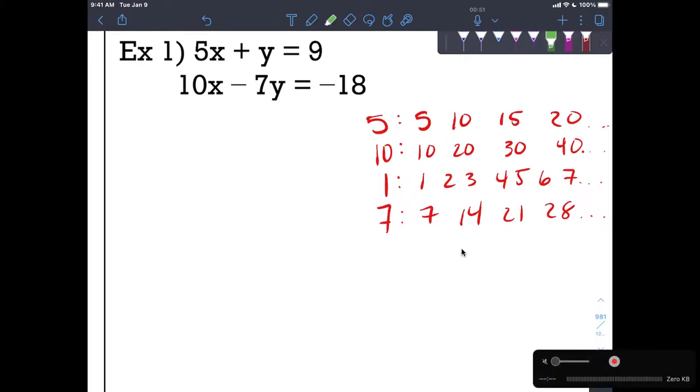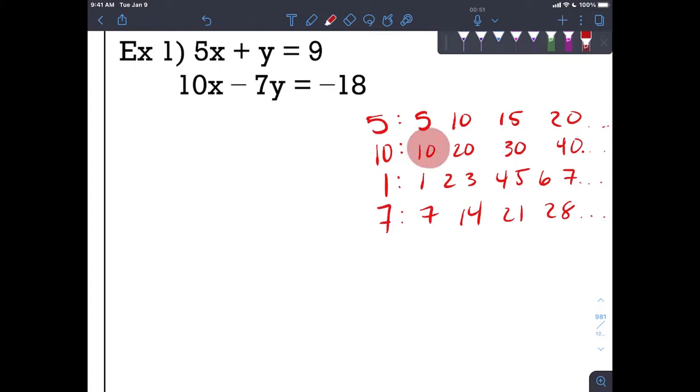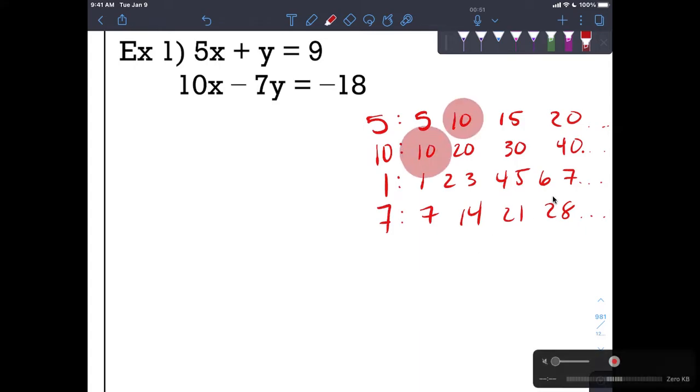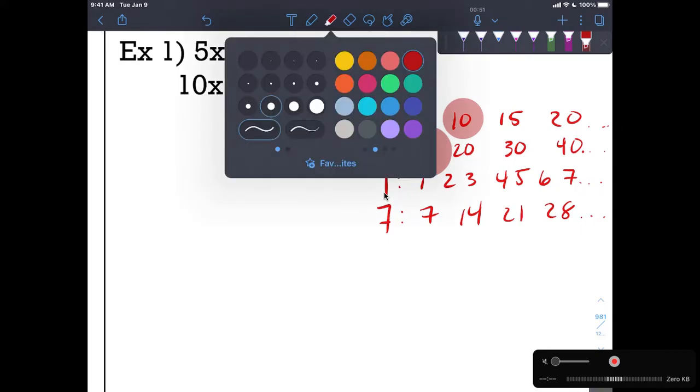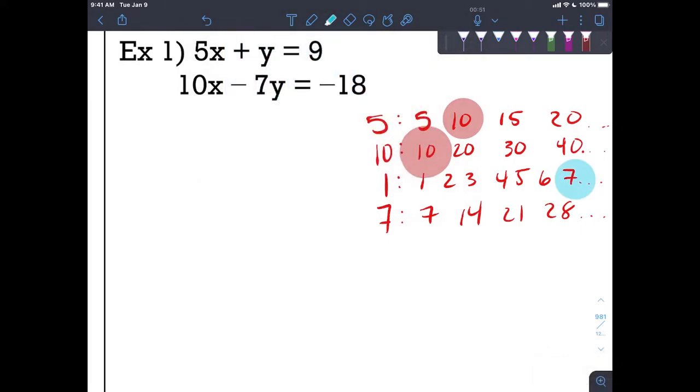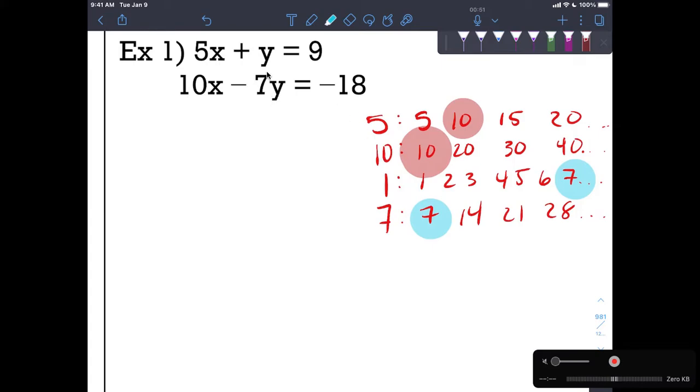And for 5 and 10, I see that the only thing they have in common, the lowest one, is a 10. Meaning my 10 is already there, and my 5 needs to get multiplied by 2 to get there. Okay, pretty simple. Now I compare my 1 and my 7, and I see that the very first one they have in common is 7, meaning this guy's already here, and this whole equation needs to be multiplied by 7.